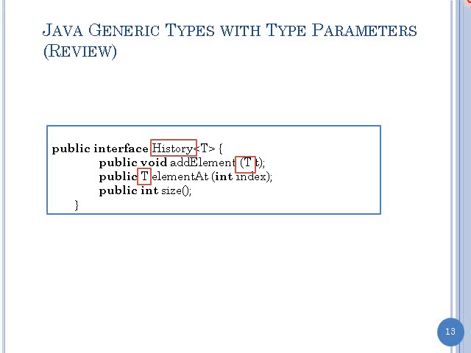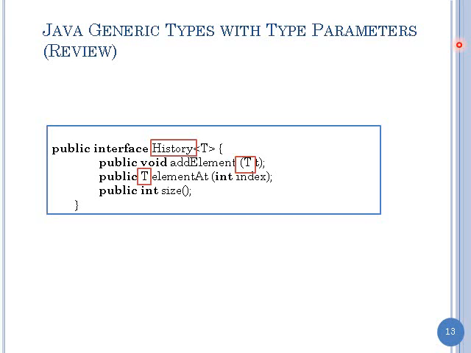Okay, so we were looking at generics last time, and we saw that we could go and parameterize our history by a type parameter. Okay, so history was an interface, and we wanted to not define a separate string history and a separate point history.